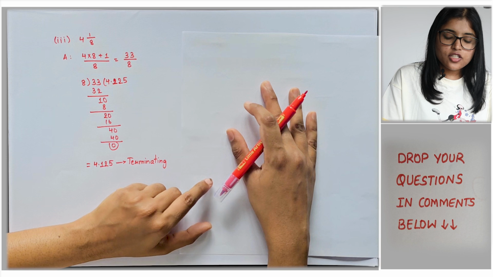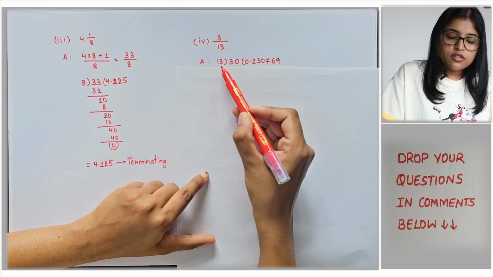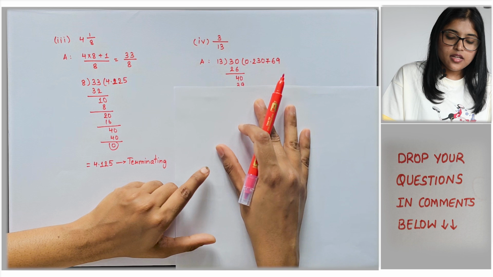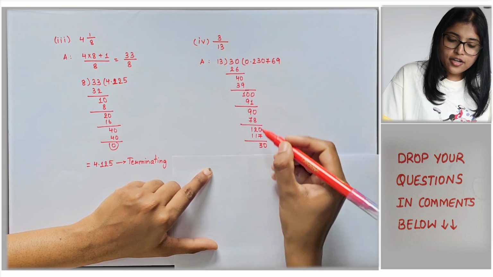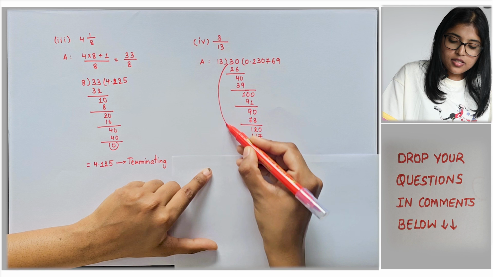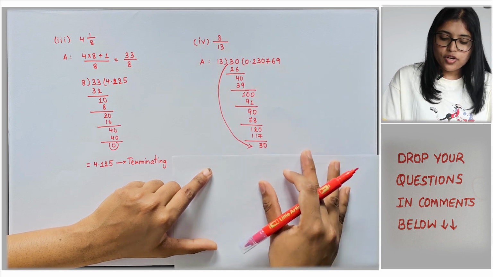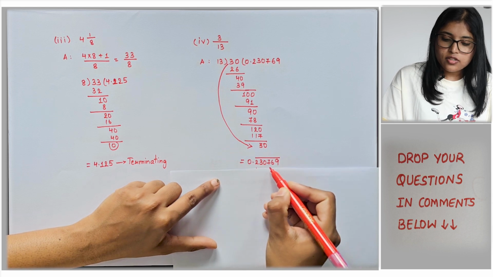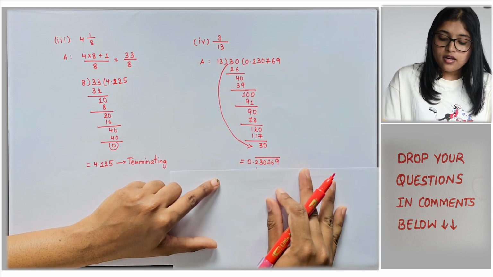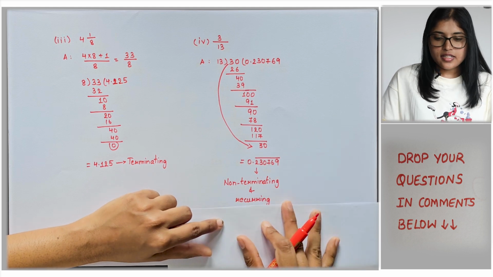Let's take a look at the next question, 3 by 13. When I am doing the long division of 3 by 13, I can see that I am coming back to where I started, that is this 30 is coming here. So I know that this part is going to be the recurring part. So my answer is 0.230769 with a bar, which is a non-terminating and recurring decimal.